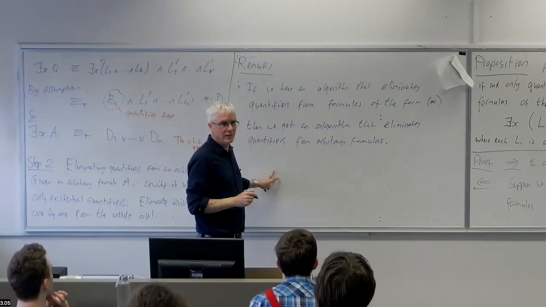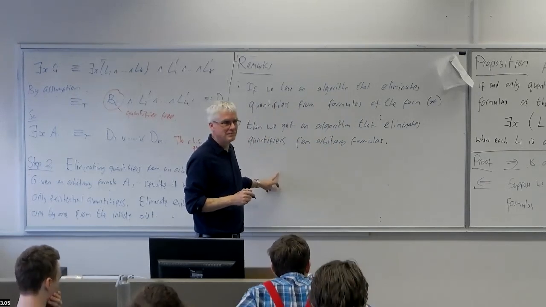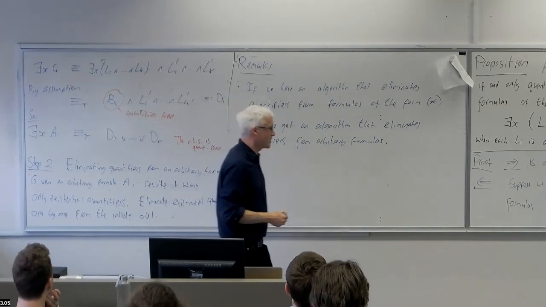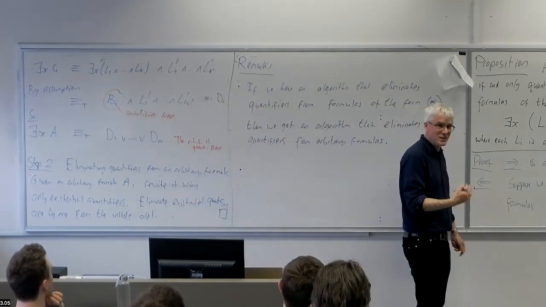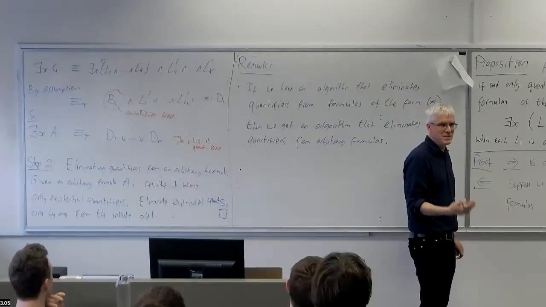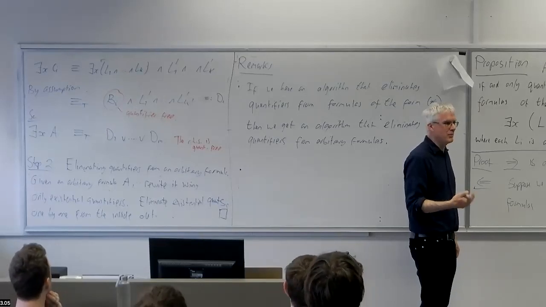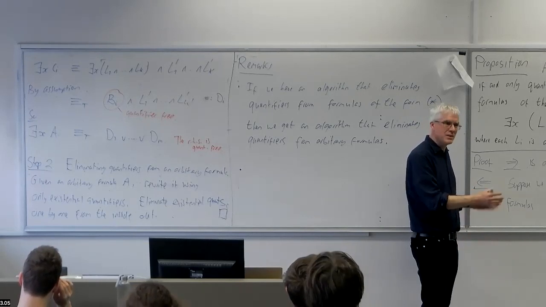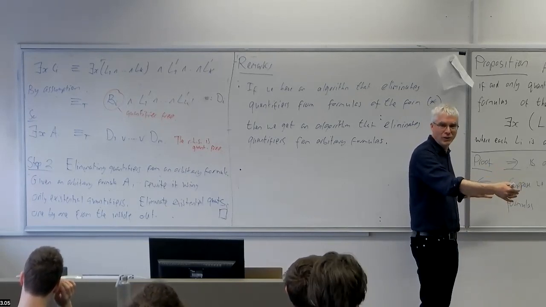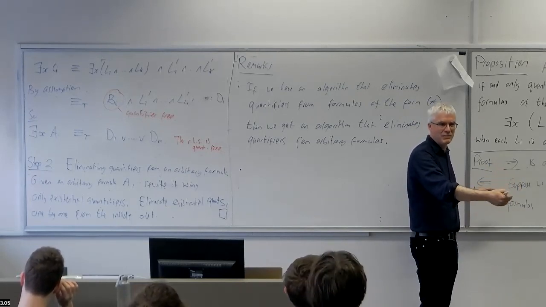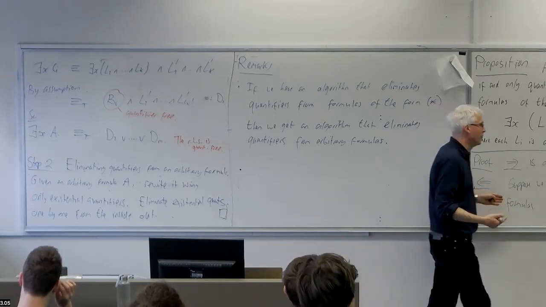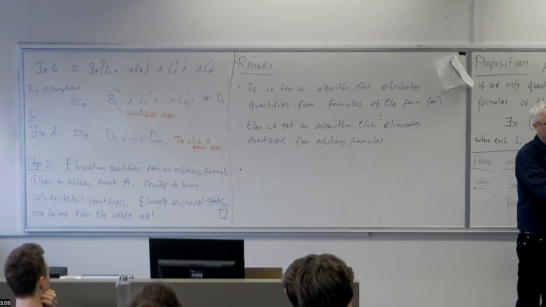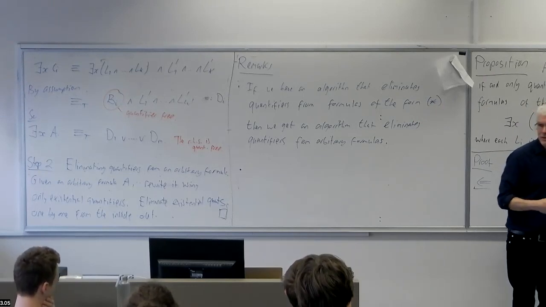Is this, however, an efficient algorithm? Why not? So as I mentioned last week, converting to disjunctive normal form is inefficient. And every time we eliminate a quantifier here, we convert to disjunctive normal form. Of course, you might start off with the formula in a nice form, in which case you might not have to convert to disjunctive normal form at the beginning, but still, as you go through the algorithm, it's not going to maintain that nice form.